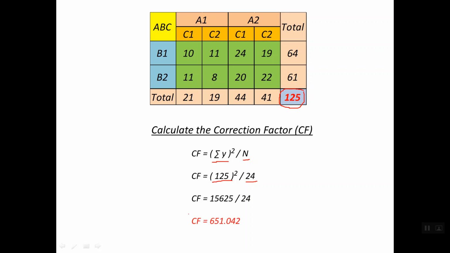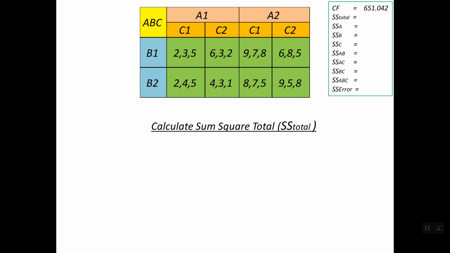So the value of the correction factor is simply 651.042. Notice that all the calculated values are listed here in this table.